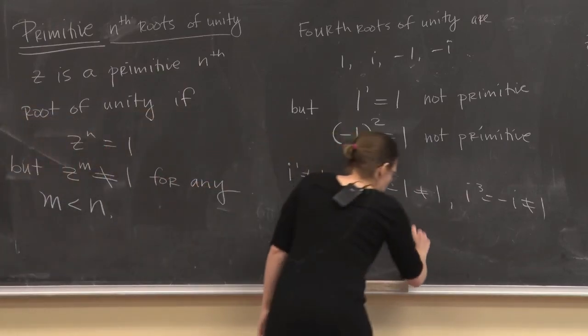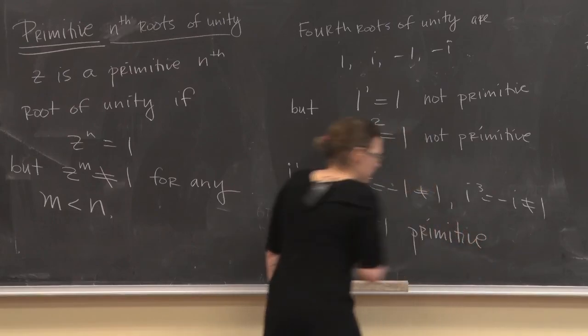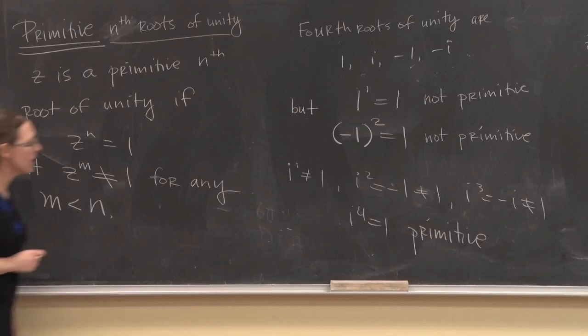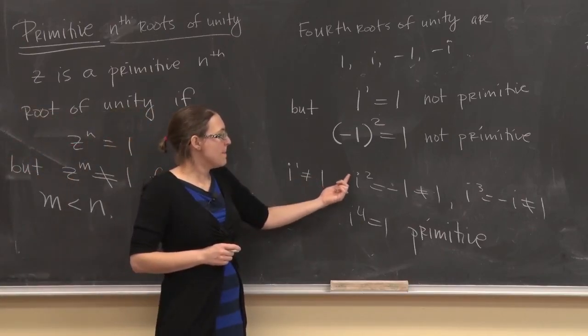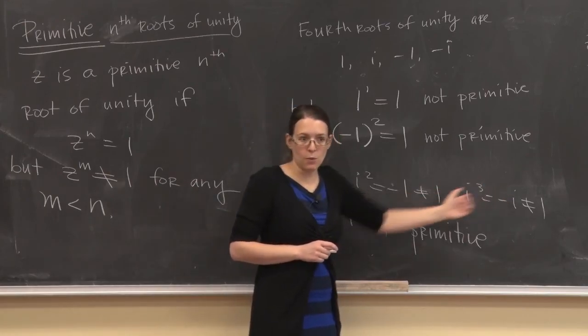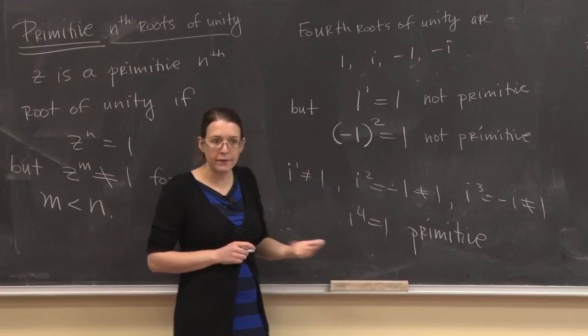So it is primitive. Okay, and same for minus i. If you work it out, minus i is not 1. Minus i squared is not 1. Minus i cubed is not 1. And minus i to the 4th is 1. That's the first time. So those are primitive.